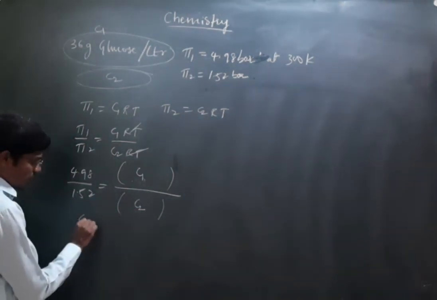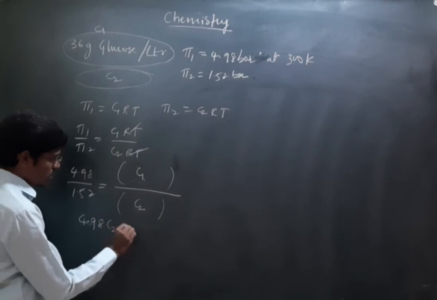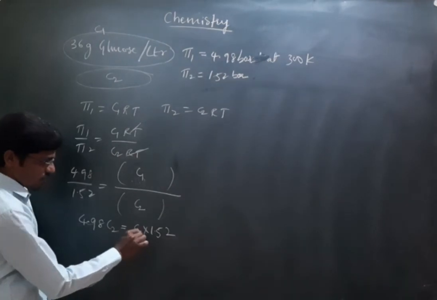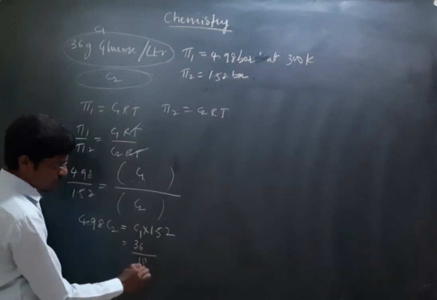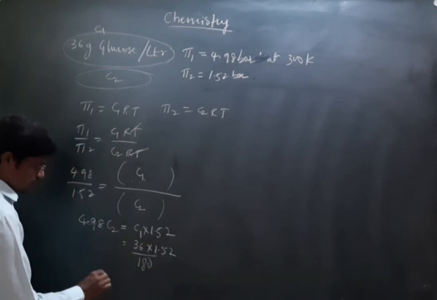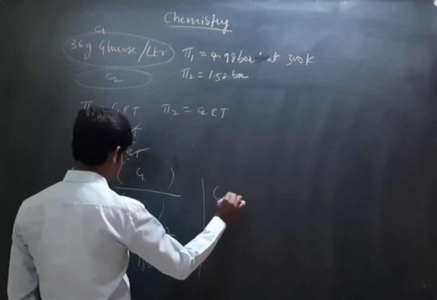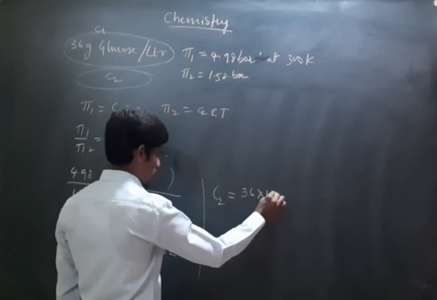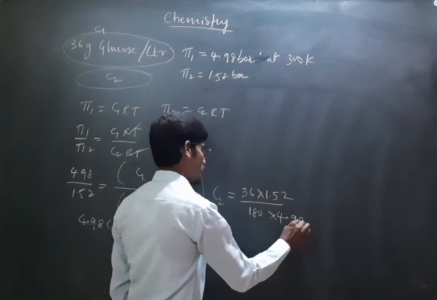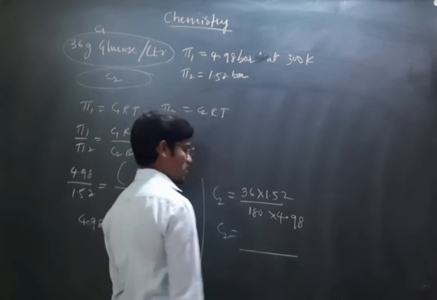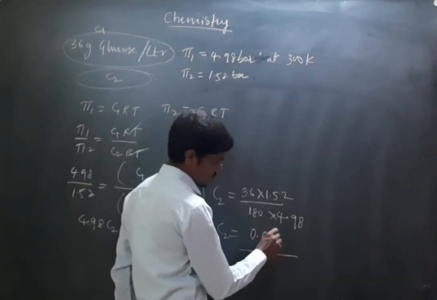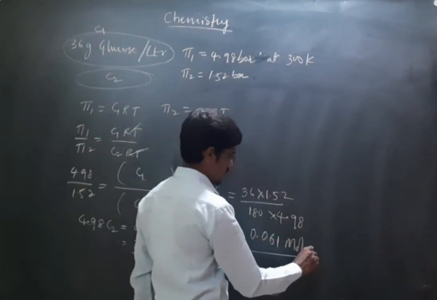Simplify: 4.98 into C2 equals C1 into 1.52, where C1 is 36 divided by 180. Therefore the concentration C2 equals 36 into 1.52 divided by 180 into 4.98. Therefore the concentration of the second solution is 0.061 molar.